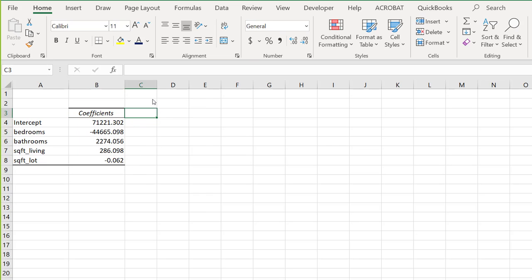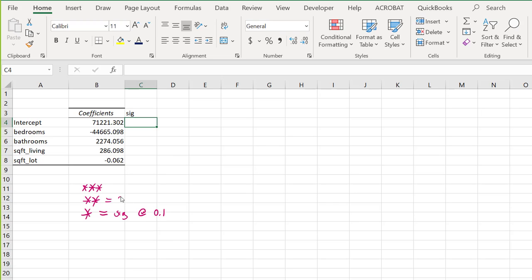And right next to these coefficients, I'm going to write whether or not they're significant. And here's the cheat. The cheat is we're going to identify each one of these coefficients with stars depending on whether or not they're significant at a particular level. 1 star means I am significant at 0.1 alpha.